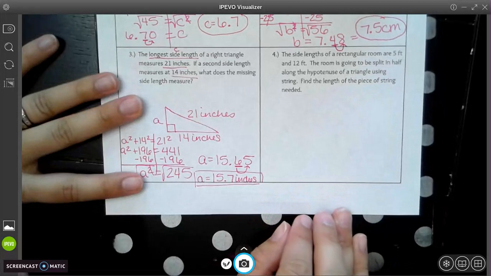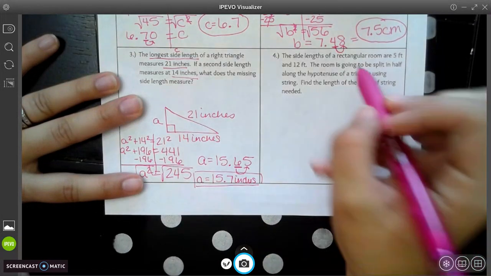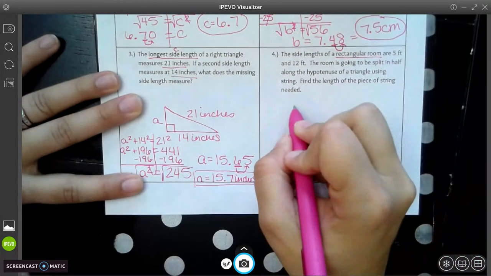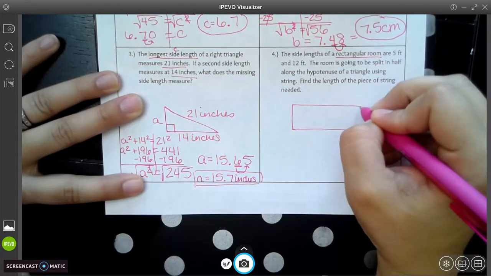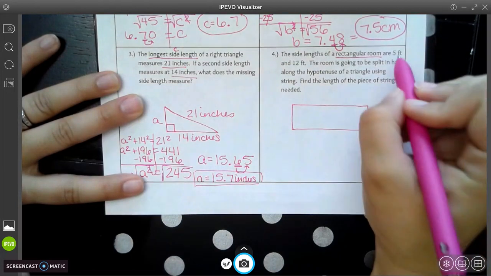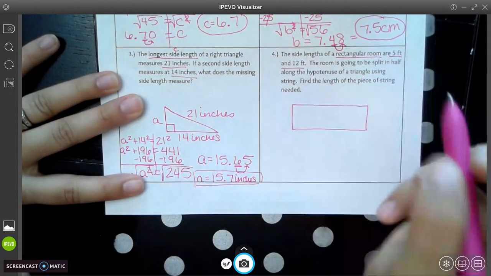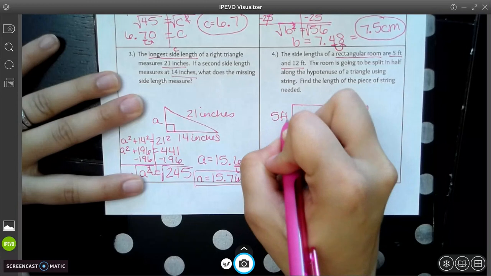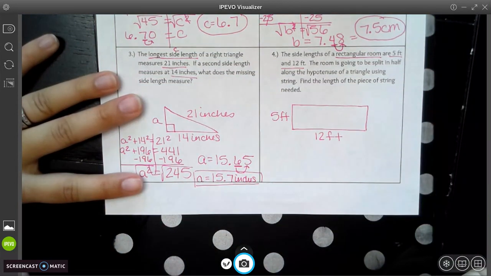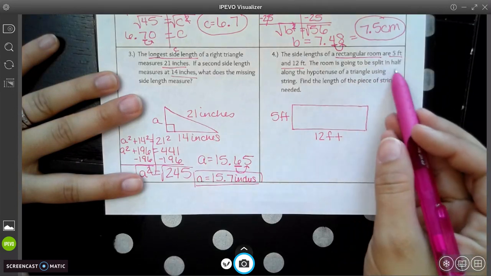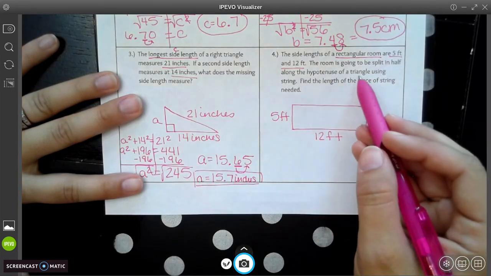All right, last one. The side lengths of a rectangular room. Okay, so now this time we have to draw a rectangle. So let's draw a rectangle. And it said the side lengths are 5 feet and 12 feet. So 5 feet, 12 feet. It says the room's going to be split in half along the hypotenuse of a triangle.